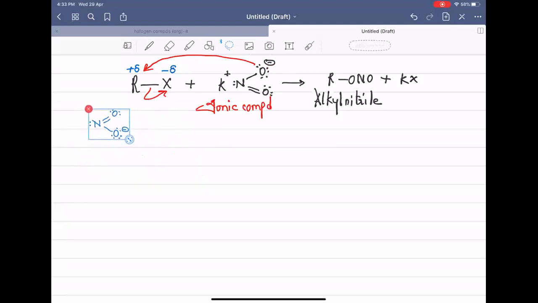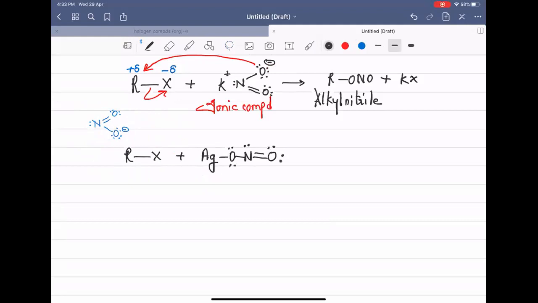Now, going to the next. If you take AgNO2, so RX plus Ag-O-N=O. Here, this is a covalent compound, so your oxygen is not free.